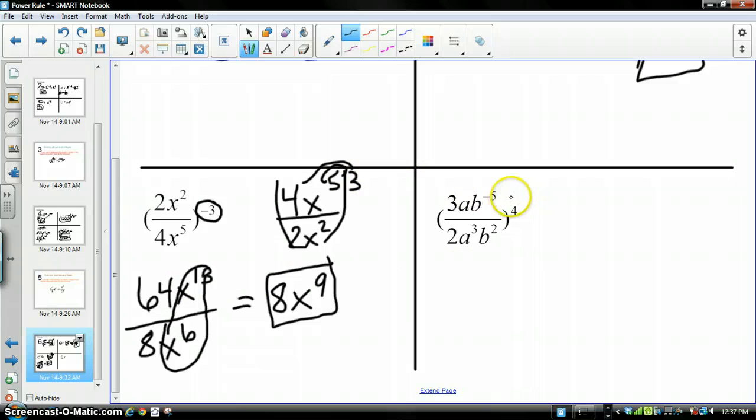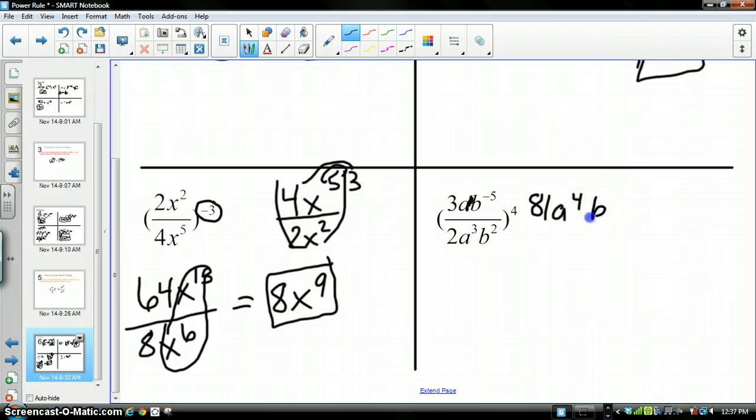Now our final example here, we're going to distribute this 4 through. So 3 to the 4th, which is 81. And a has an exponent of 1. So 1 times 4 is 4.